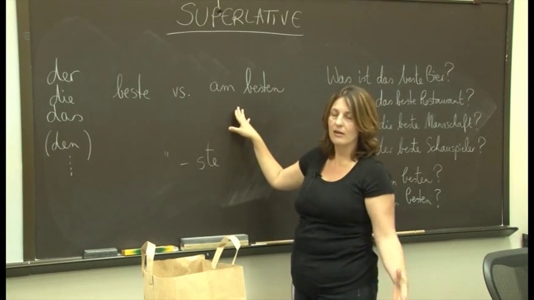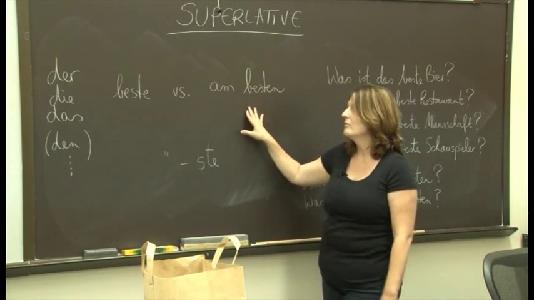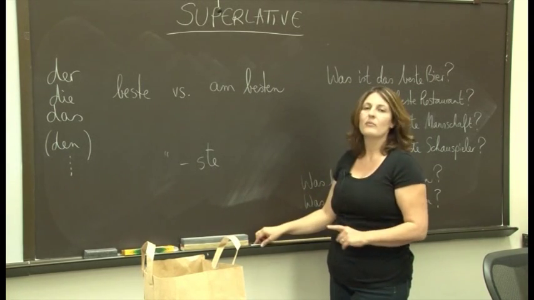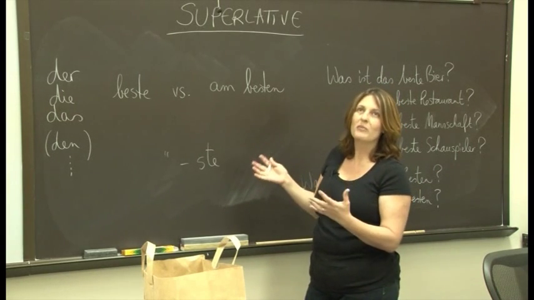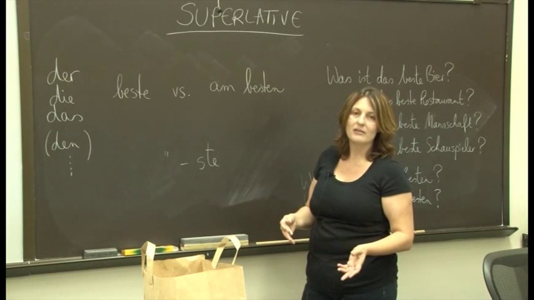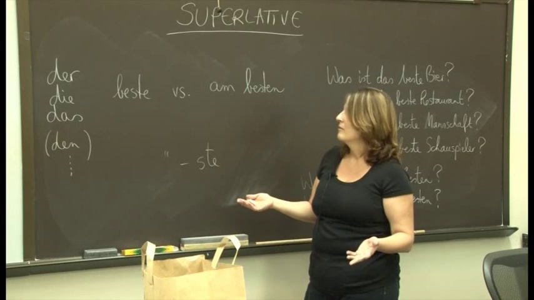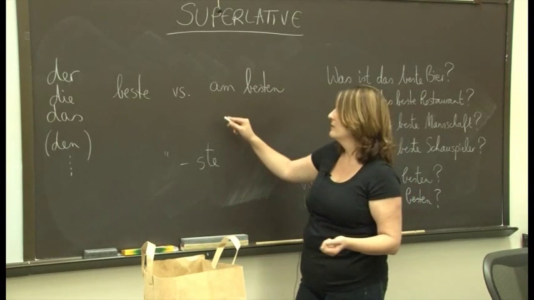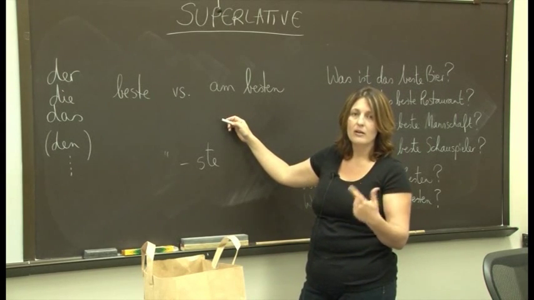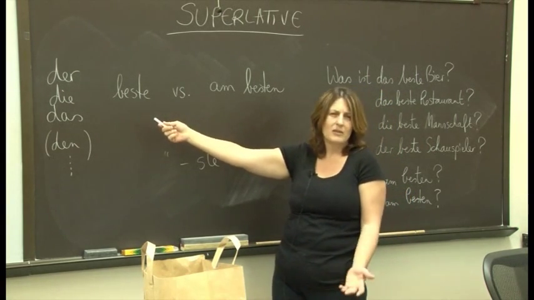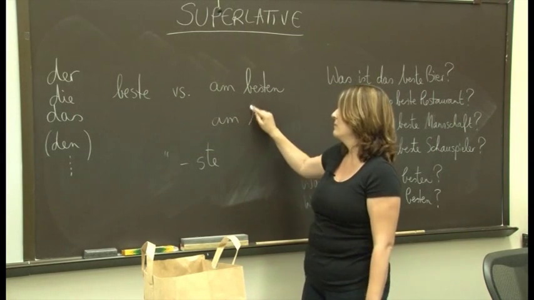When you refer to the verb and not a noun, you use it as an adverb, then use am. Yeah? For example, we talked about one form of the comparative last time that is only used as an adverb, because it is an adverb. We talked about two of them actually. One is gern. Gern is an adverb. So we have gern, lieber. We never say der Liebste, das Liebste. We only have the adverb form am liebsten. Yeah?